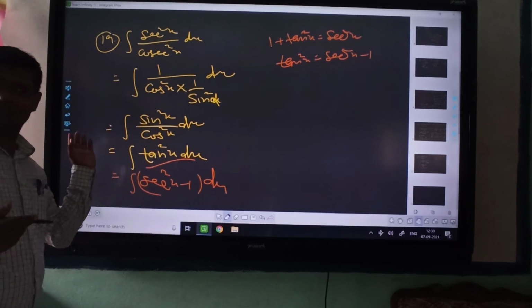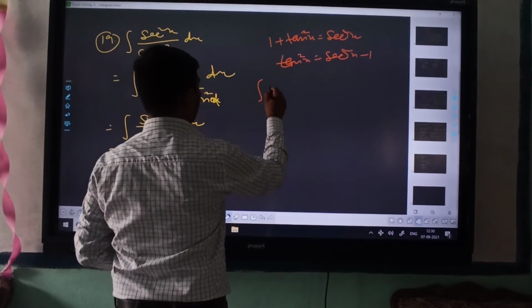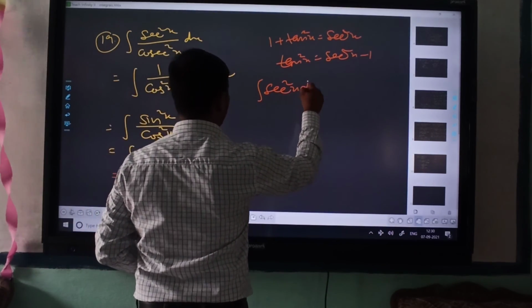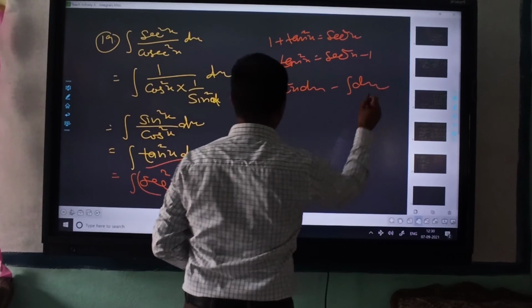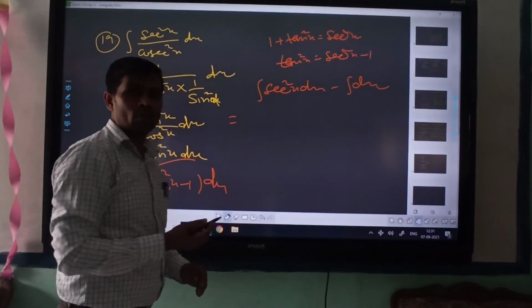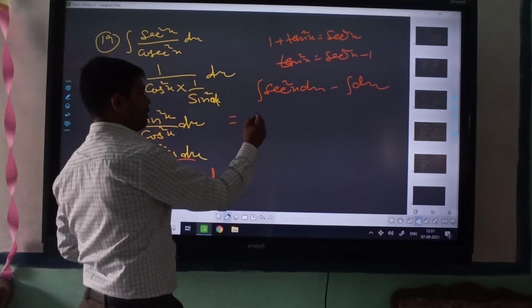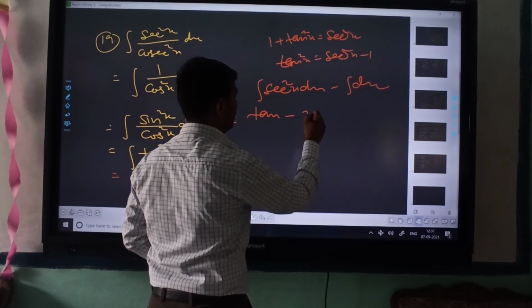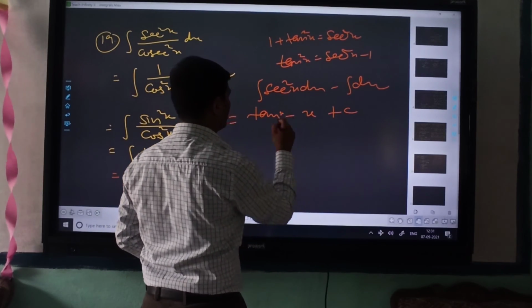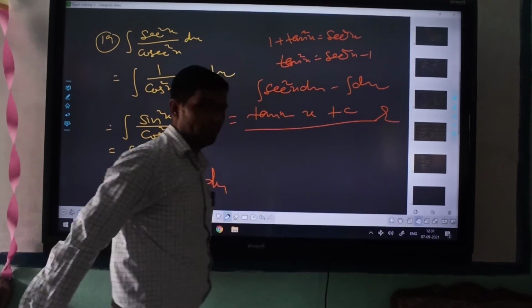Then, like the previous method, you can separate it into secant square x dx minus dx. The integral of secant square x is tan x, so the answer will be tan x minus x plus c. I think it is clear to one and all.